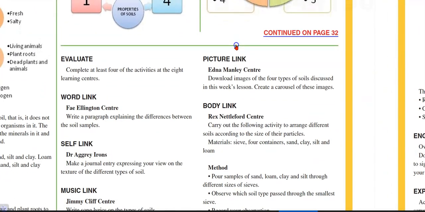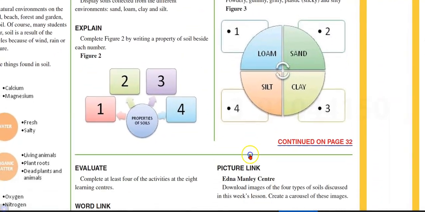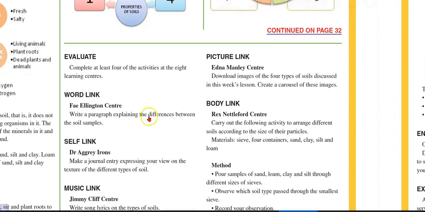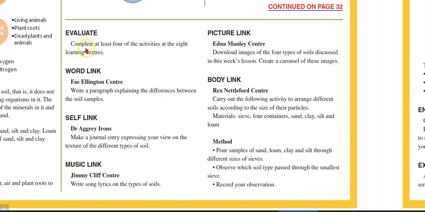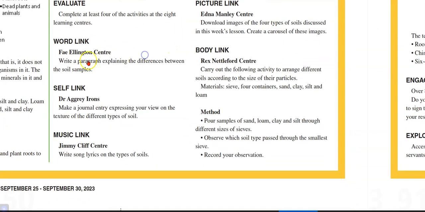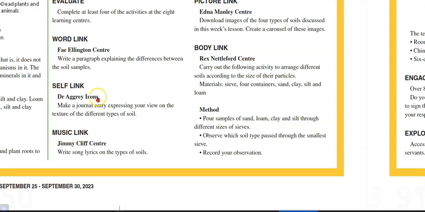Let's see. So we did those. Let's go to this section here. It says complete at least 4 of the activities at the 8 learning centers. The word link says write a paragraph explaining the differences between the soil samples. Then the self link says make a journal article expressing your views on the texture of the different types of soil.